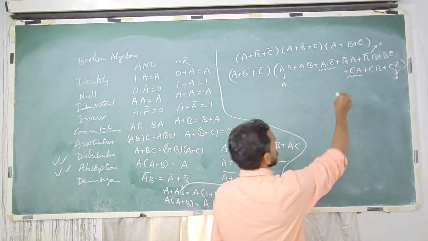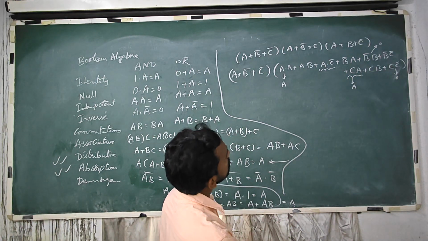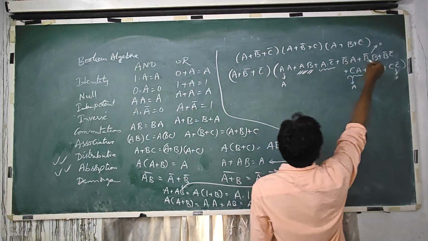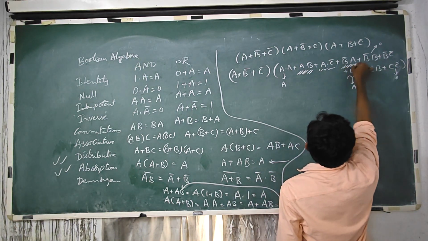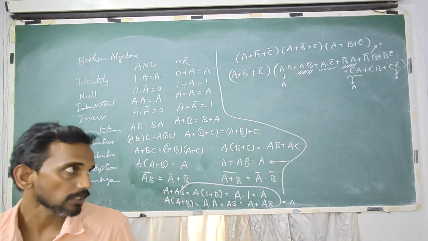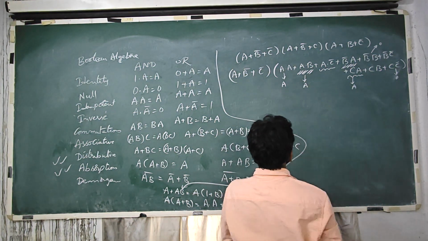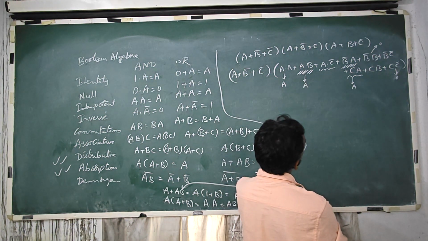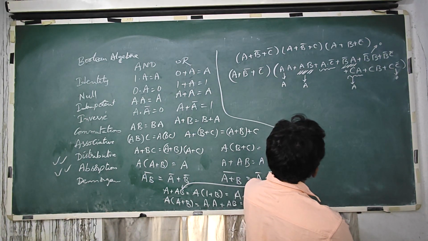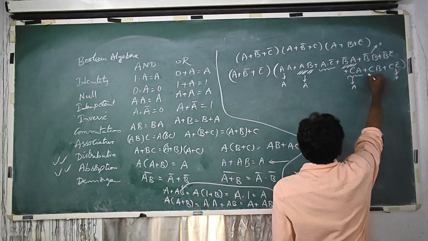So we will be left with A. And this one, A, B, B bar, we will be left with A. These are different.